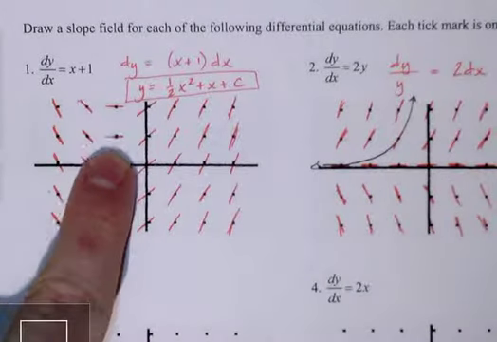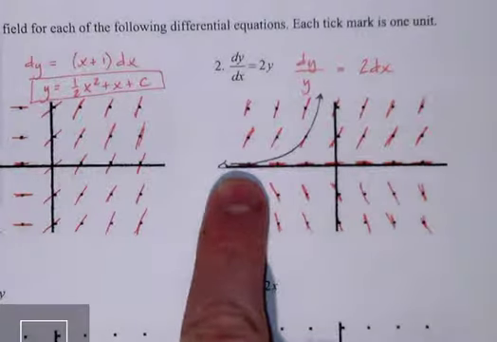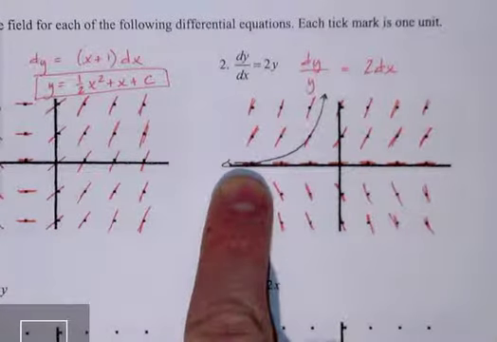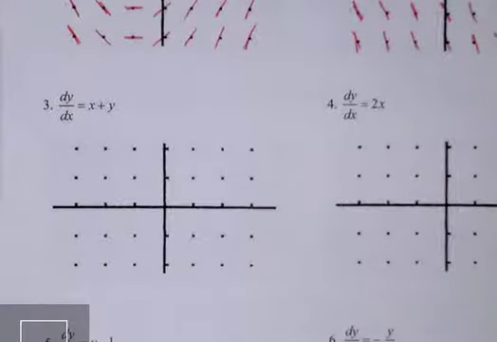I figured out when the derivative was going to be equal to 0, and I put in those numbers first. The same thing over here with number 2. The first thing that I did was I determined where the slope was going to be equal to 0, and I did those first. The question is, when is this going to be equal to 0?